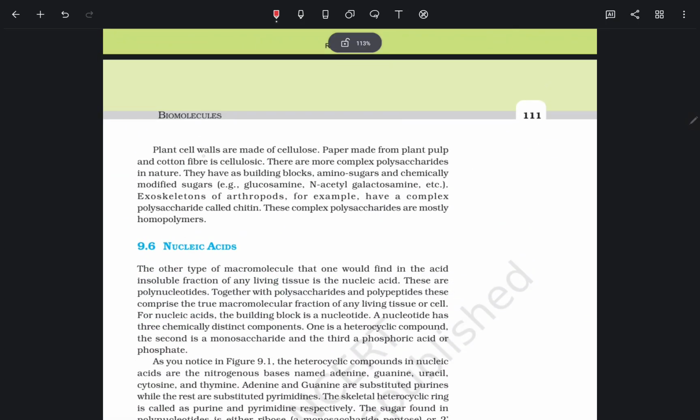Plant cell walls are made of cellulose. Paper made from plant pulp and cotton fiber is cellulosic. There are more complex polysaccharides in nature. They have amino sugars and chemically modified sugars, such as glucosamine and N-acetyl glucosamine, as building blocks.